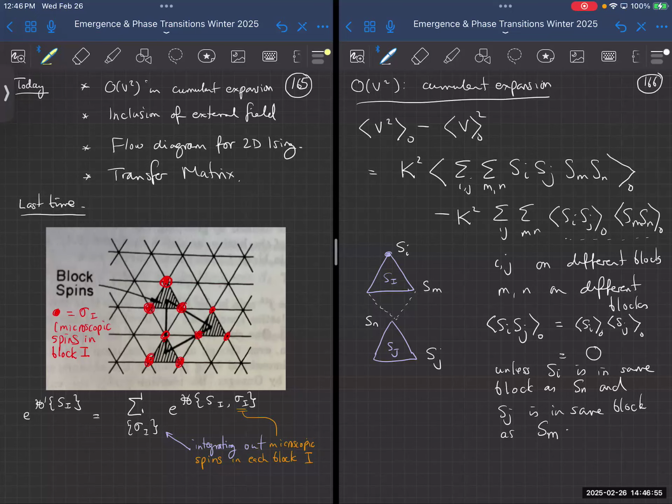The point is this. What we're trying to answer is, if this expression I've written up here just completely factorizes, then it will just be 0. So you have to ask, what are the ways that it could not be 0? The only way would be, for example, the expectation value of Si Sm.